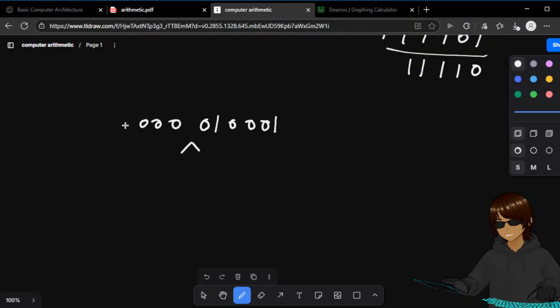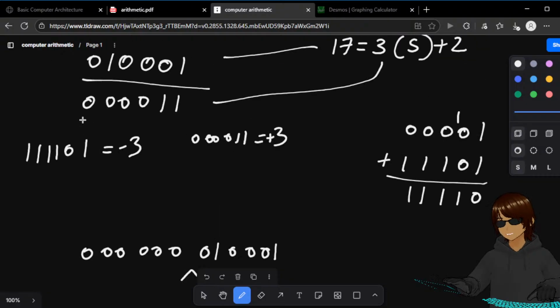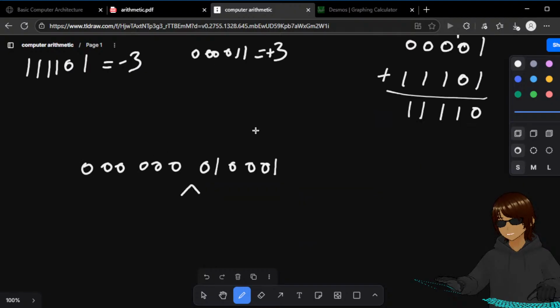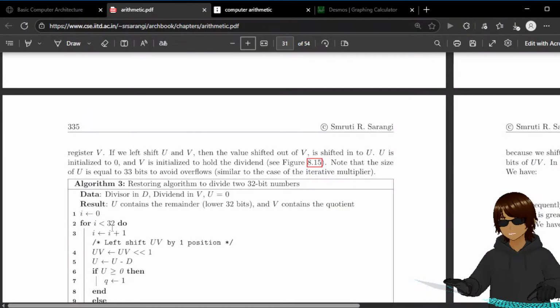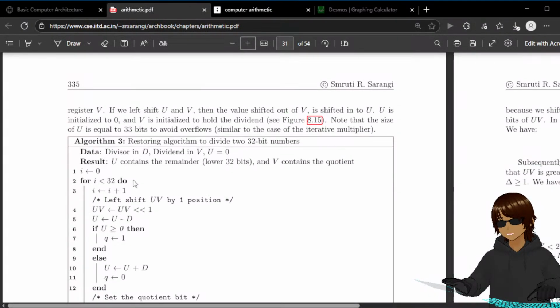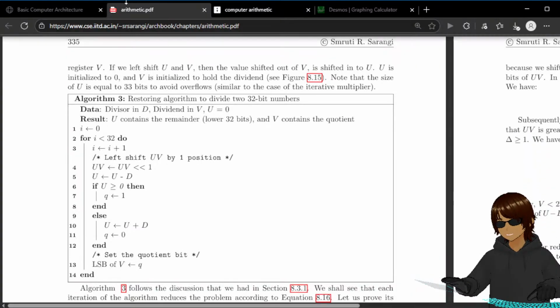Let's add a 6-bit U. In this entire thing, we have V over here, which is the dividend. The dividend goes into V, U is 0, and then we shift it.